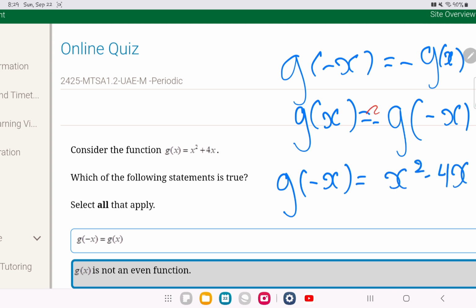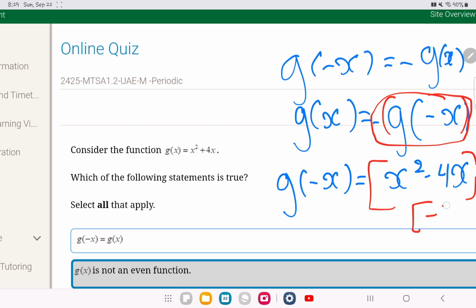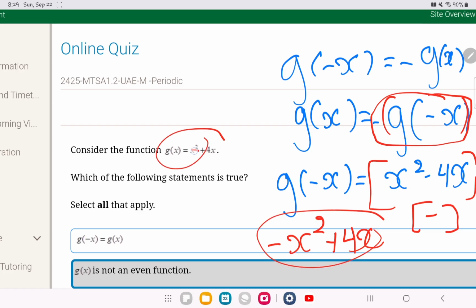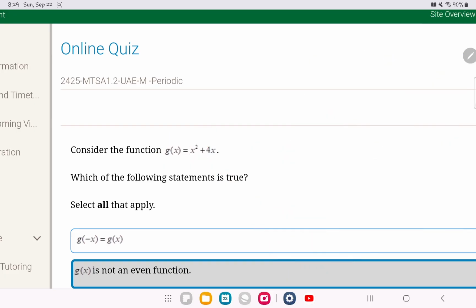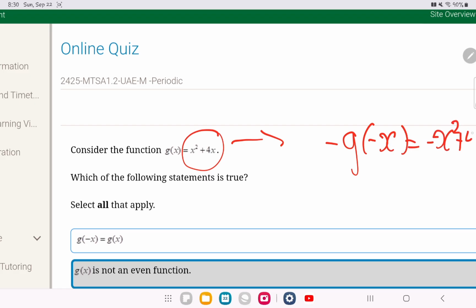Then, if we multiply the g(minus x) by minus, what will happen? We will then get minus x squared plus 4x. So definitely this one and this one are not equal, so they are not odd, not even. We said this one, and we did minus g(minus x), we got minus x squared plus 4x.